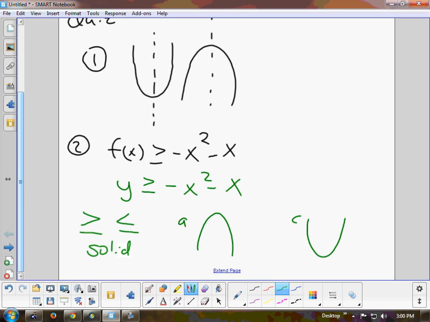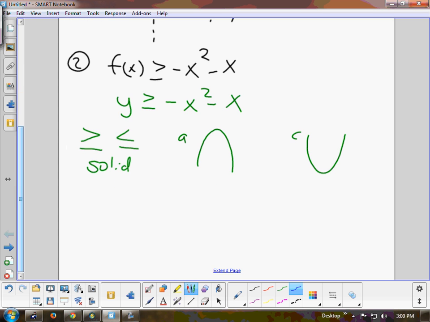a happy face parabola. Now the next thing we can decipher is whether it's sad or happy. We look at the question we're given, and there's a minus sign in front.